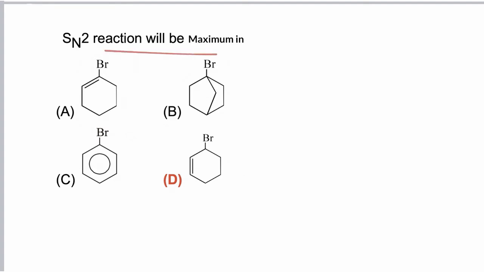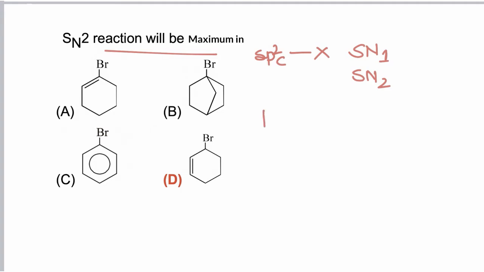In this question, we have to find which of the following given compounds is most reactive for the SN2 reaction. When the leaving group halogen is attached to an sp2 carbon, it will react with neither the SN1 nor the SN2 mechanism. So A and C will not react via either SN1 or SN2.